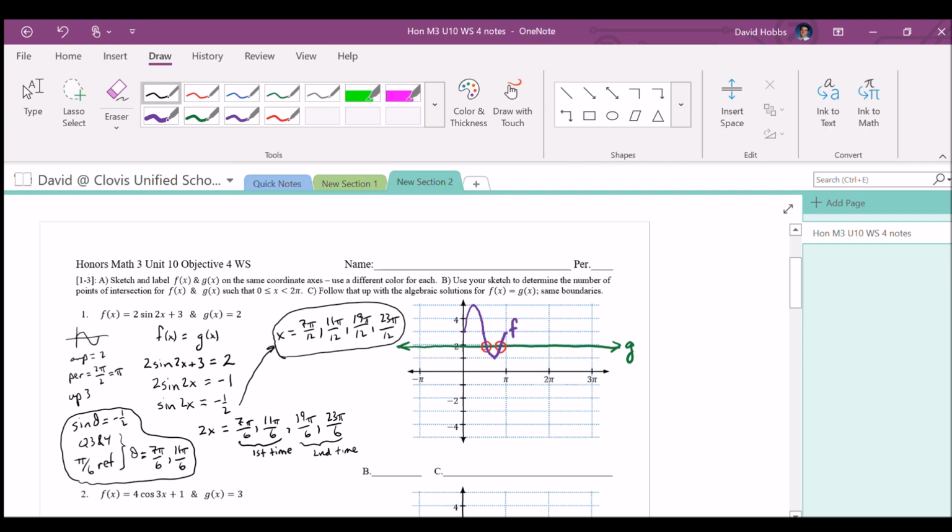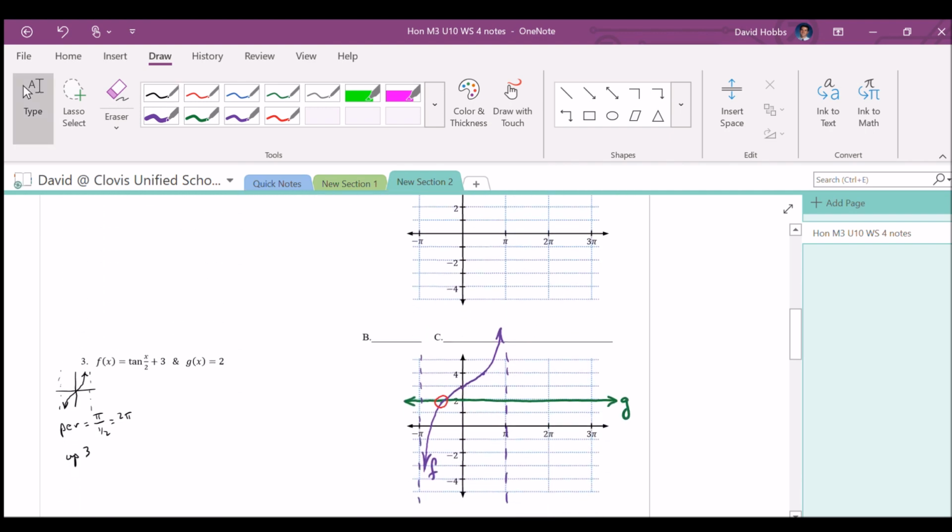So let's see, part B, we predicted 4 solutions, 4 points of intersection, and they are 7 pi over 12, 11 pi over 12, 19 pi over 12, and 23 pi over 12.